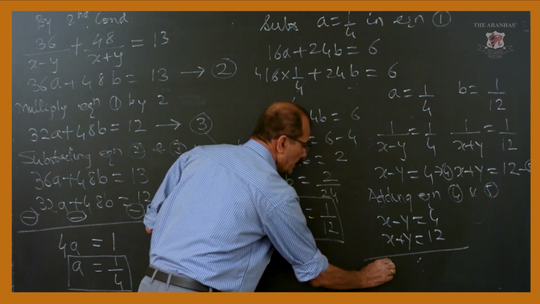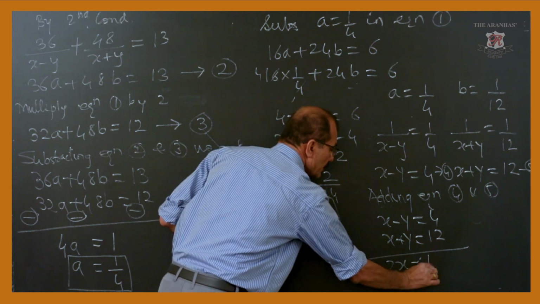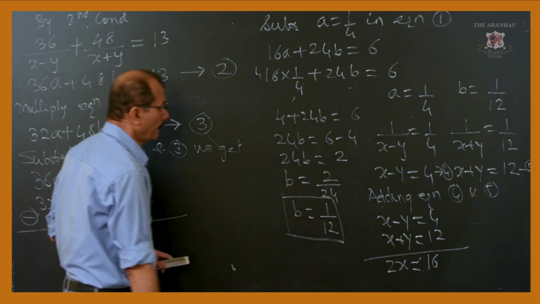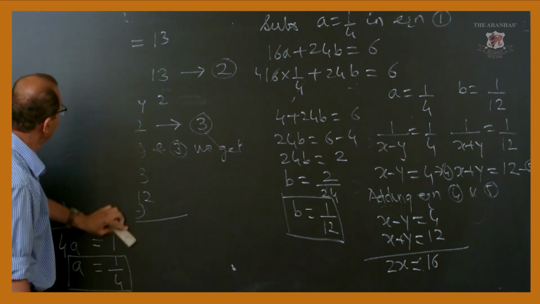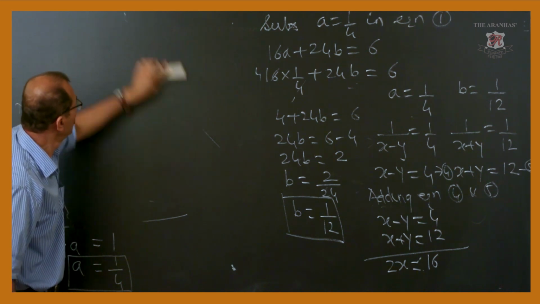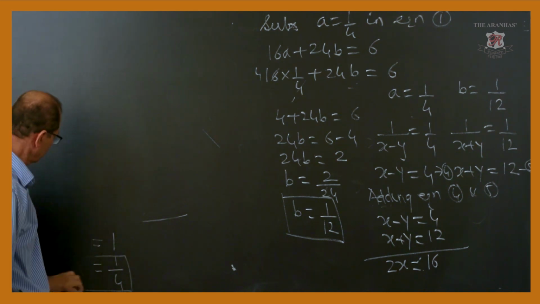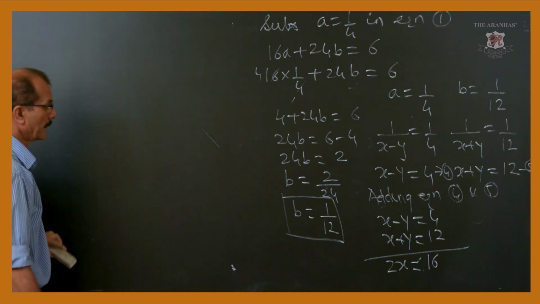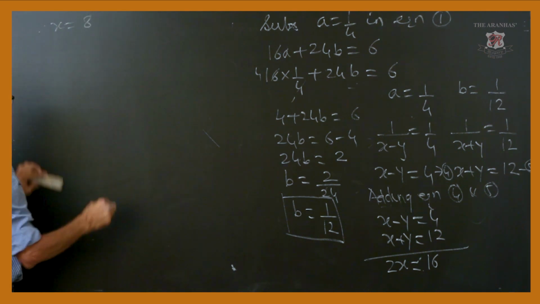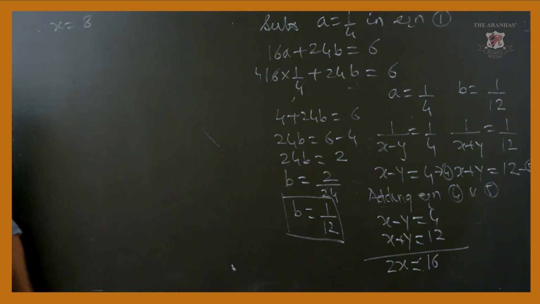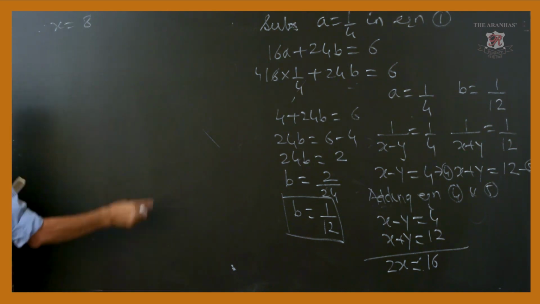So, adding you get 2x is equals to 16. Therefore, x is equals to 8. So, I got my answer x equals to 8.